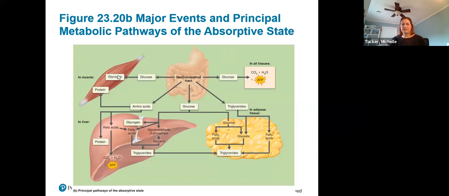Glucose is going to be stored as glycogen in muscle and in liver. It'll be converted into triglycerides, and then it will be used as fuel. Triglycerides will mainly be stored, and amino acids can be used for proteins or oxidative intermediates.